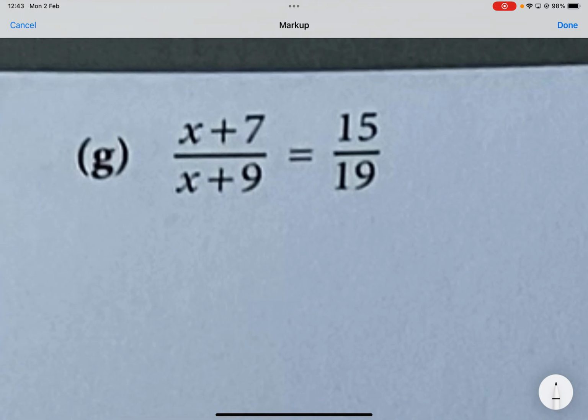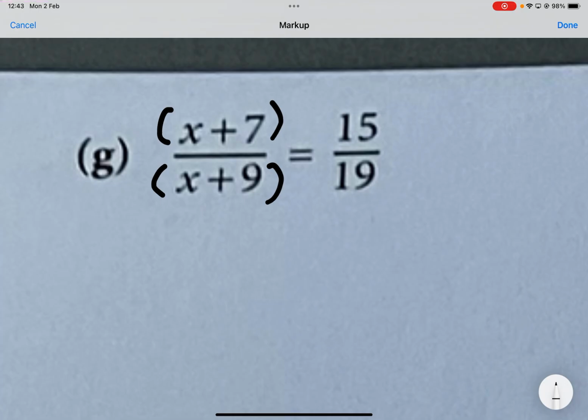Okay, next page, part G. How do we start? Even before that, yes, bracket and bracket. My x is stuck with the plus 7 in the numerator. My x is stuck with the plus 9.